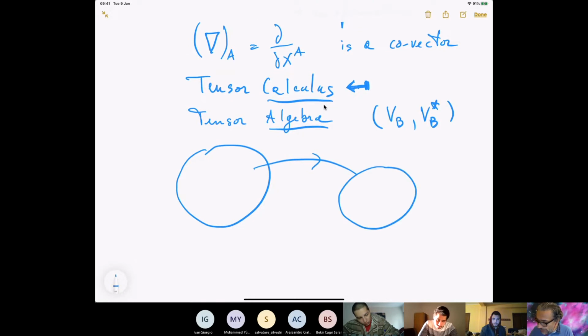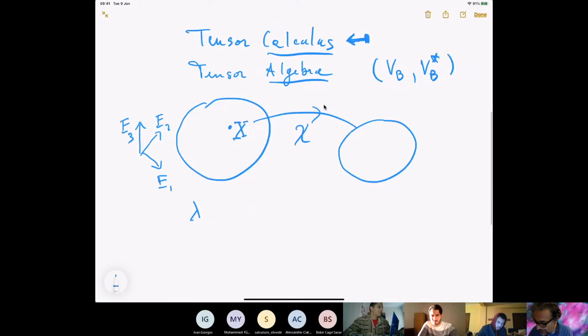We already, without knowing very much about tensor algebra, said, okay, I introduce a basis in the reference configuration. Every material point in the reference configuration is labeled with capital X, the position of the material point in the reference configuration.